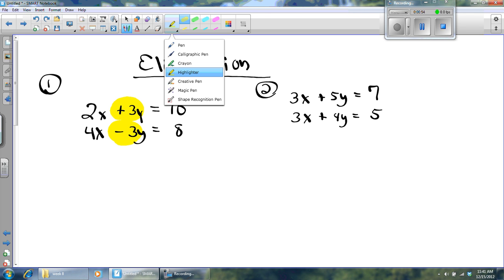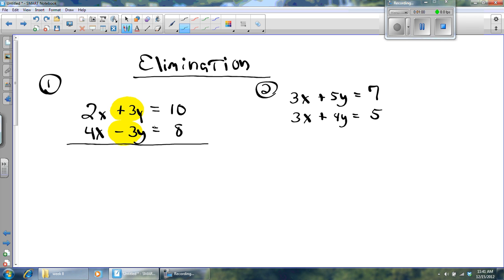What I can do is add these equations together. And watch what will happen. I'm going to get 6x. These are going to cancel, and I'm going to equal 18. All right? Well, 6x equals 18. I have one equation with one variable. I can go ahead and divide by 6.